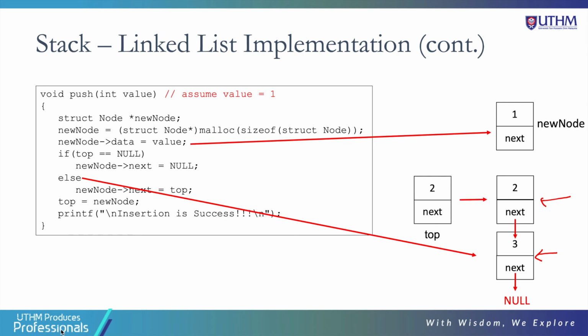Okay, so new node next equal to top. It will be pointing to top here, because this and this are sharing the same address, so whatever happens here is also applied to here.